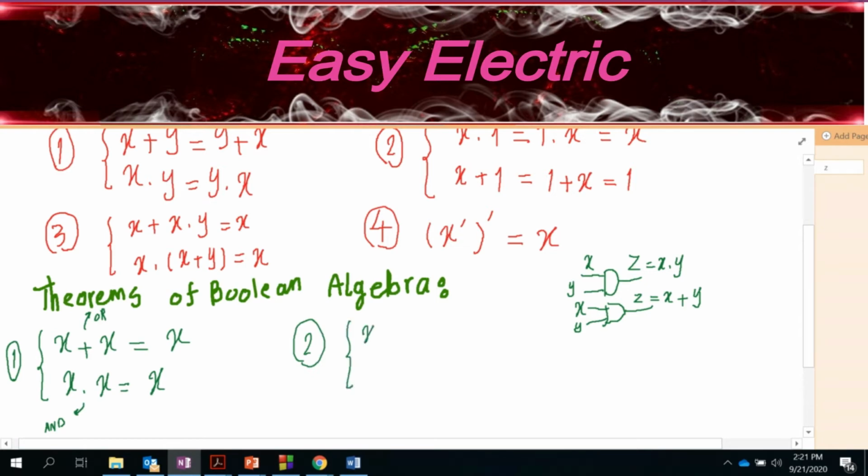So if you say x and 0, I actually read it as I write it, x and 0 equals the same thing, 0 and x, based off the first postulate. So it is equal to what? You tell me.